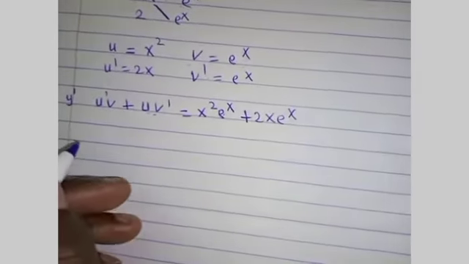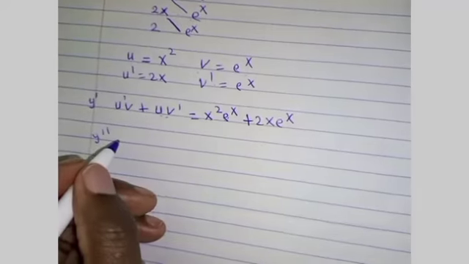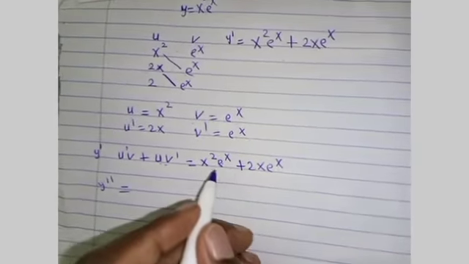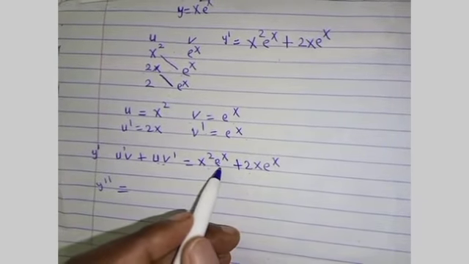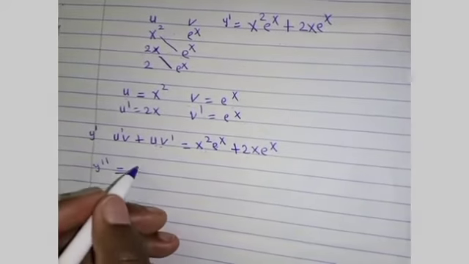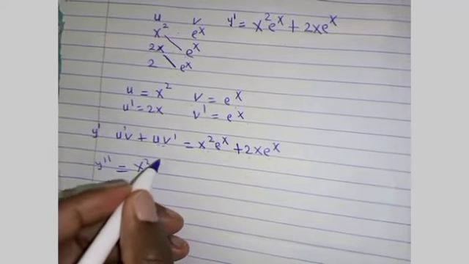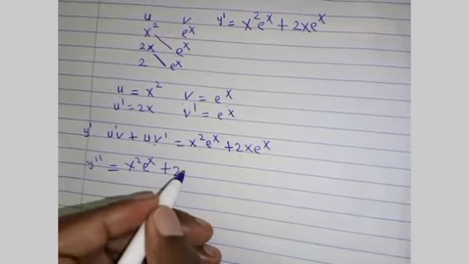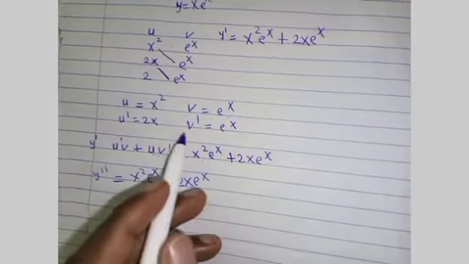Then from there, y double prime means you differentiate this twice. When we differentiate x squared exponential x, we get x squared exponential x plus 2x exponential x by product rule.